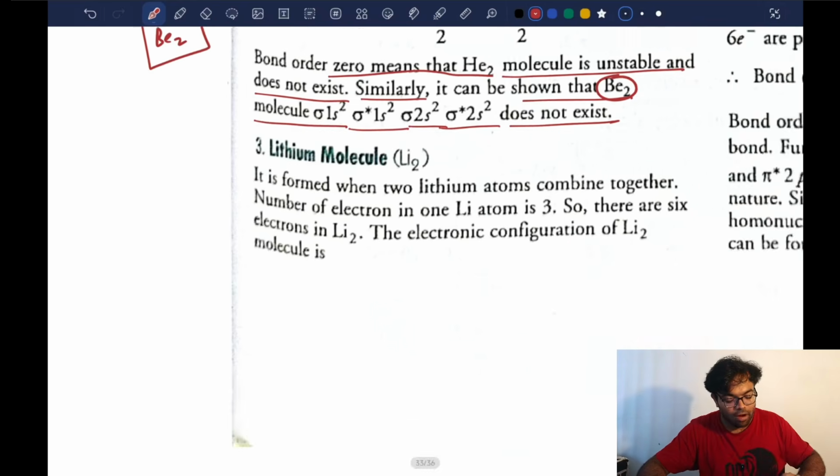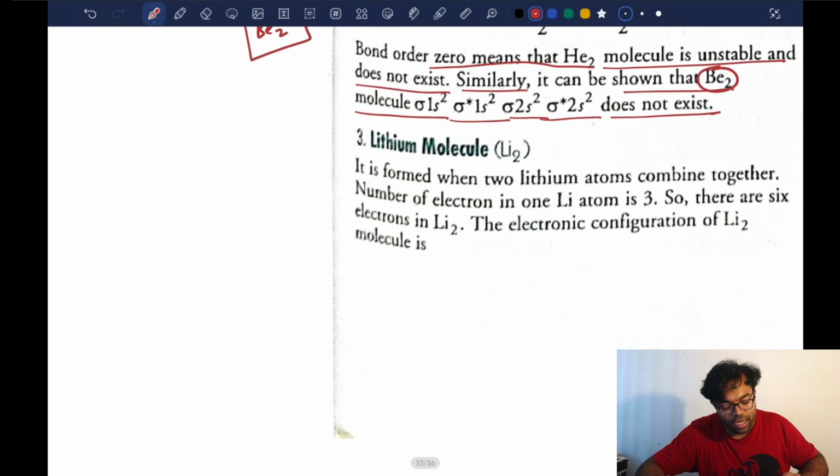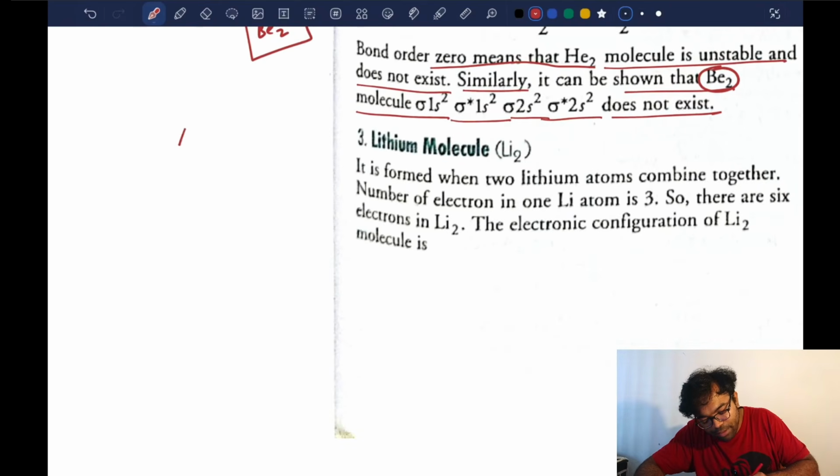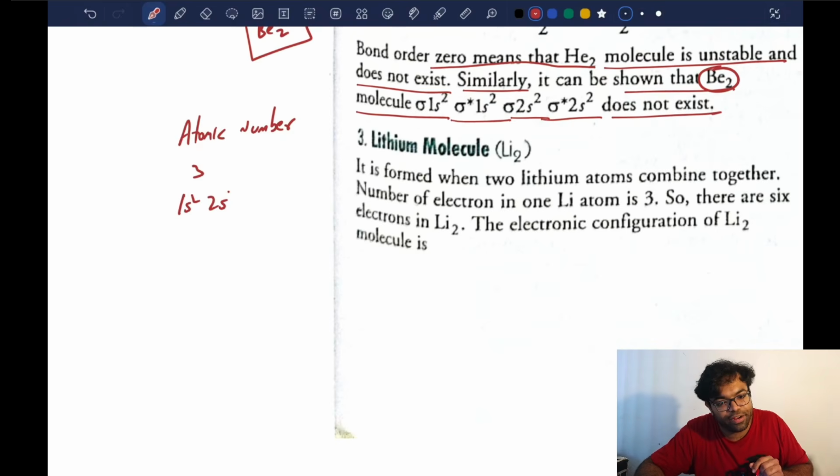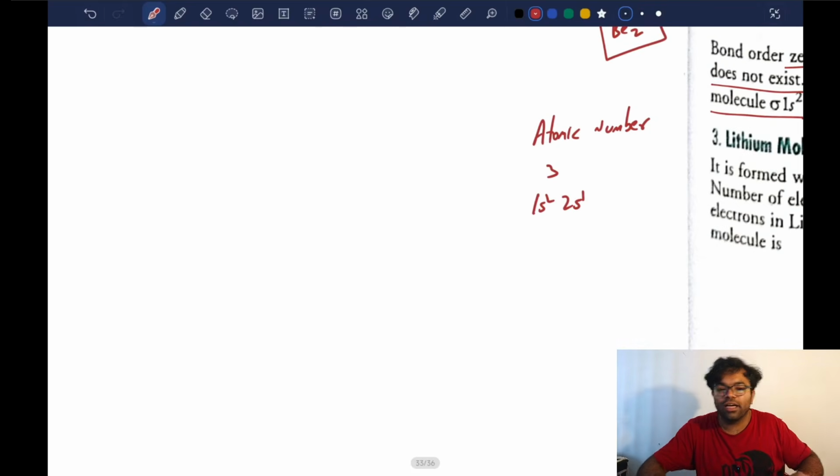Very good. Now, lithium 2. Lithium 2 is also a very interesting molecule. Can you tell me the atomic number of lithium? The atomic number is 3. Now, the electronic configuration is 1s2, 2s1. Am I right? So, let's draw the molecular orbitals of lithium together.